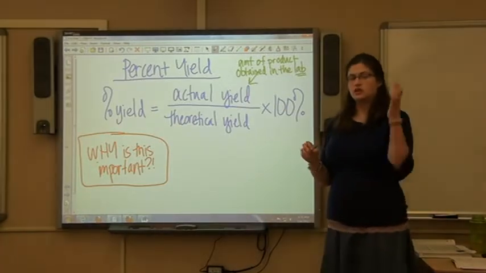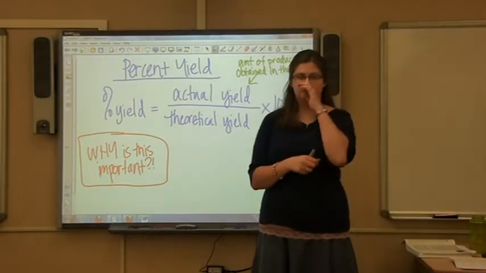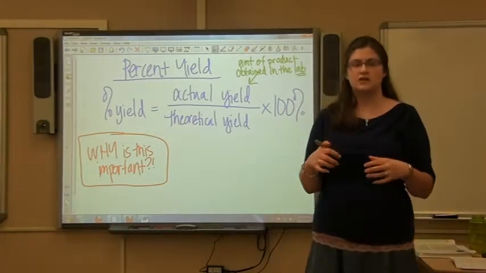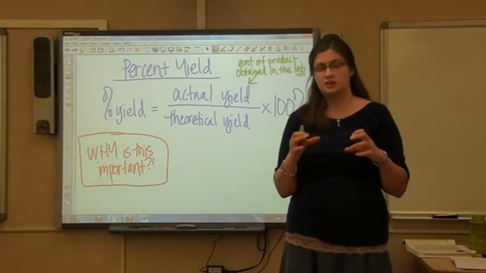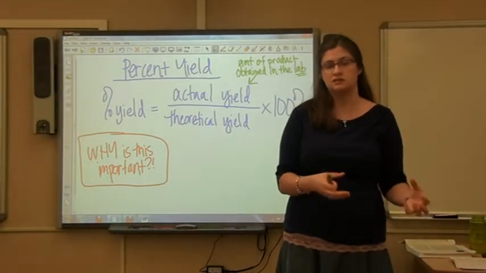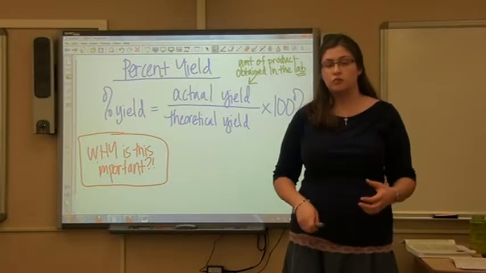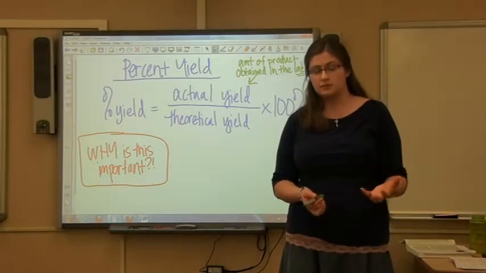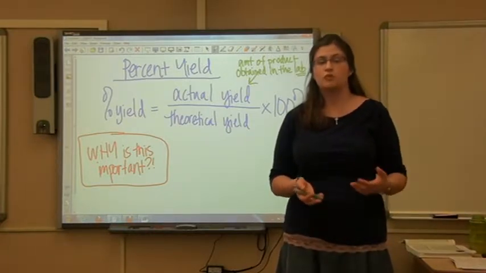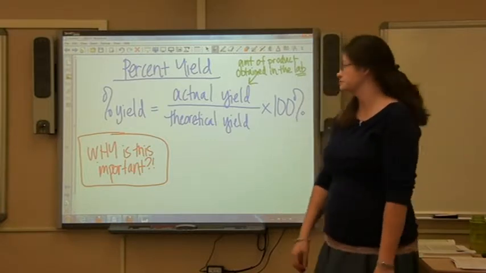So if I were to carry out my former example, if I were to add methane gas and carbon monoxide gas to yield acetic acid, whatever amount I was actually able to measure and collect in the lab would be my actual yield.